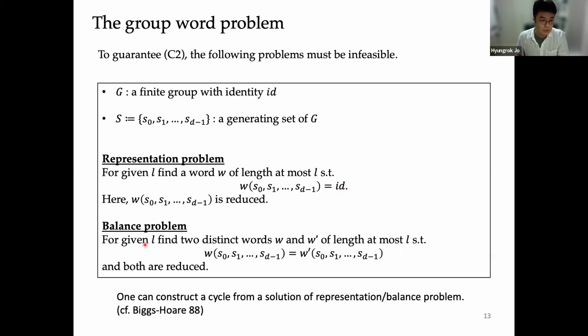The balance problem means, for a given length L, find two distinct words W and W prime of length at most L which are equal, and both are reduced. By Biggs and Hoare's paper, one can construct a cycle from a solution of the representation or balance problem.